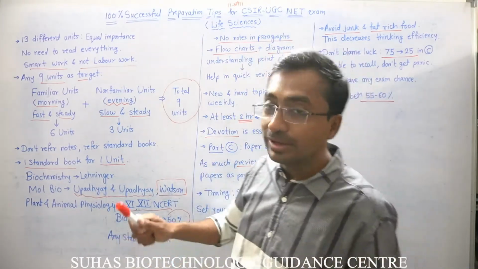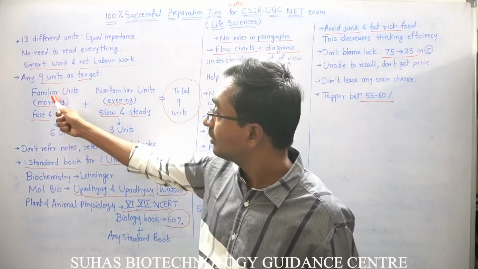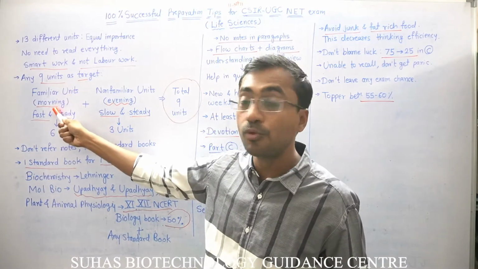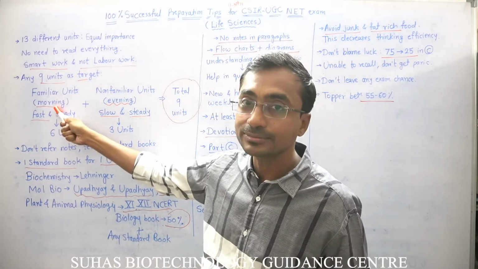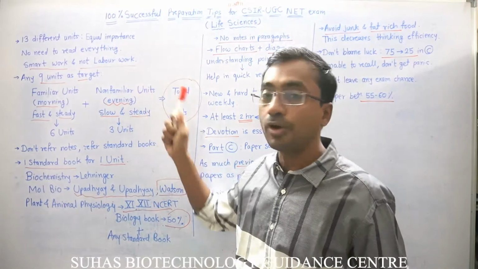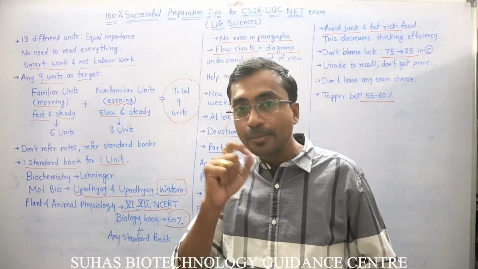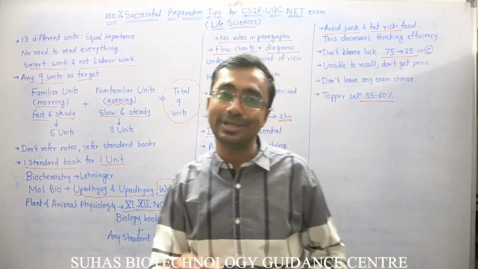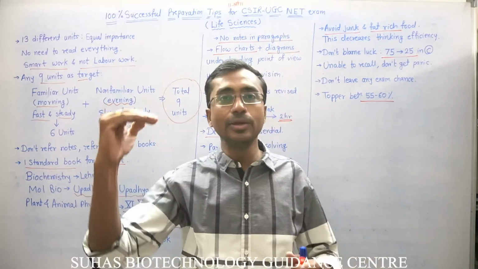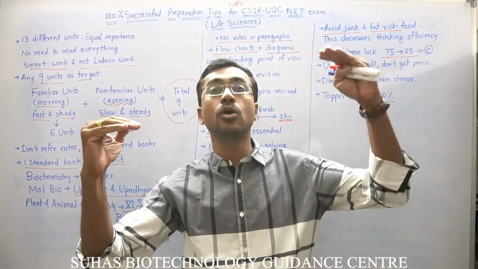Suppose I distribute it so that the familiar units I work on in the morning hours, and in the evening hours I go for non-familiar units. Keep in mind, you have to work simultaneously: select a familiar unit, but also select a non-familiar unit.